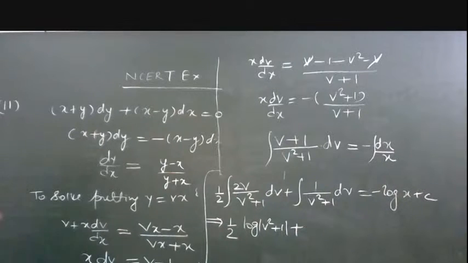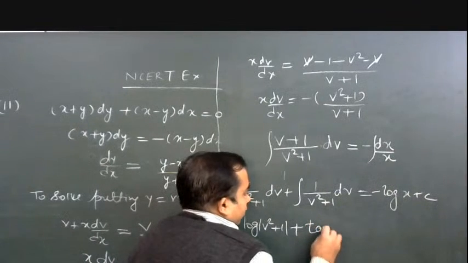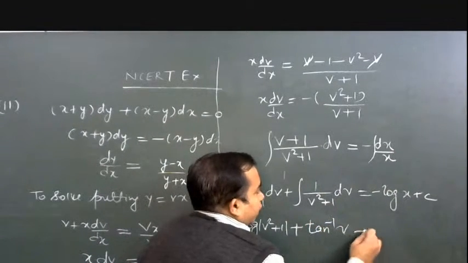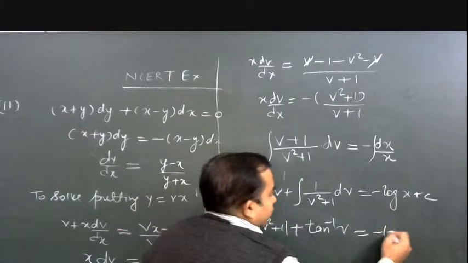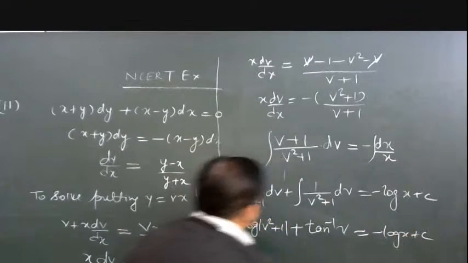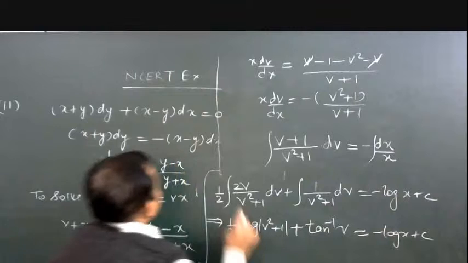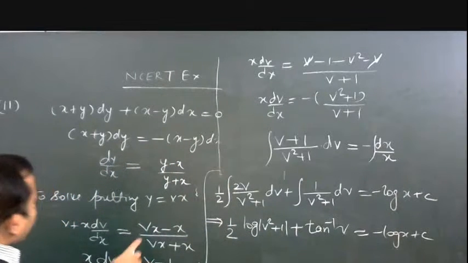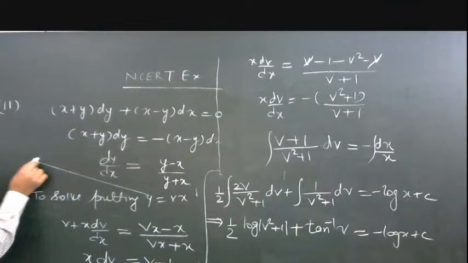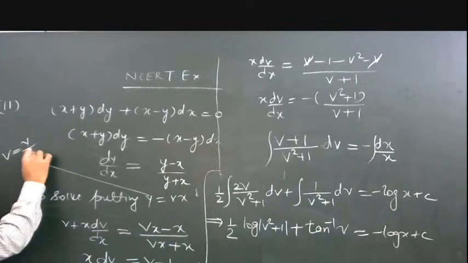Tan inverse v. Tan inverse v equal to minus log x plus c. Almost done. This v we have, where we should put the value of v? How much will be the value of v? v will be equal to y upon x. Substitute.